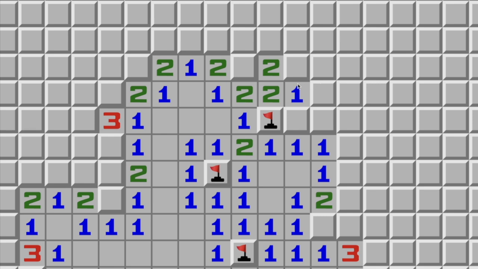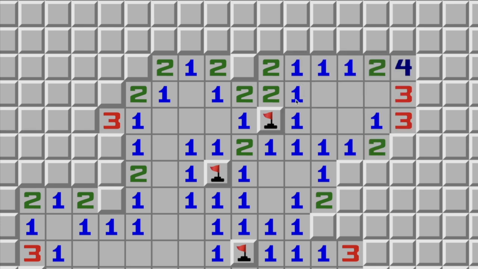Something to keep in mind, just to double check yourself, is to think of it like you're trying to match the number of flags to the number. I feel like that's the best way to double check. Just make sure that the amount of flags around the number corresponds, like you're filling up a quota or something. And in this instance we actually do get all these tiles to clear out, so it does happen sometimes.